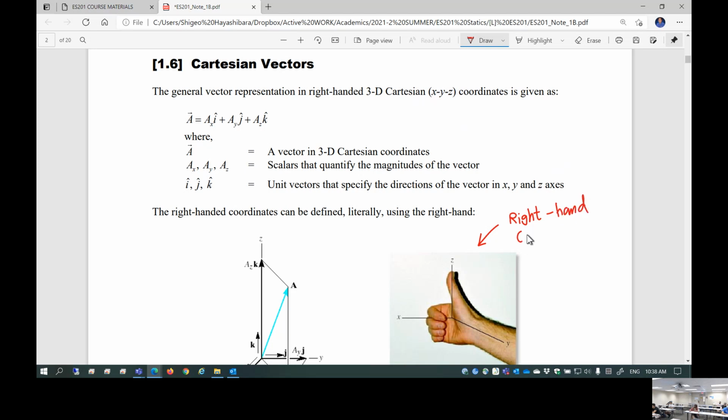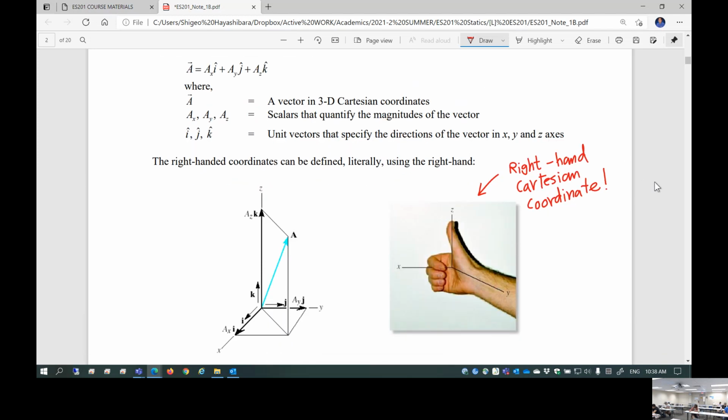Right hand Cartesian coordinate. Why is this called right hand, anybody? Because you're using your right hand. I completely forgot, but I used to do it like this in statics class when I was a student. This is the right hand side X, Y, Z, which one is X, I forgot.